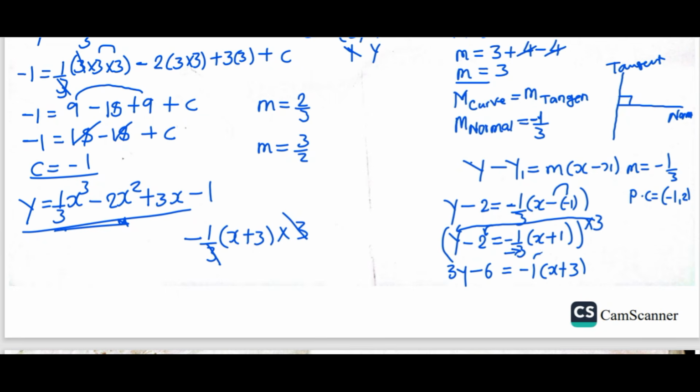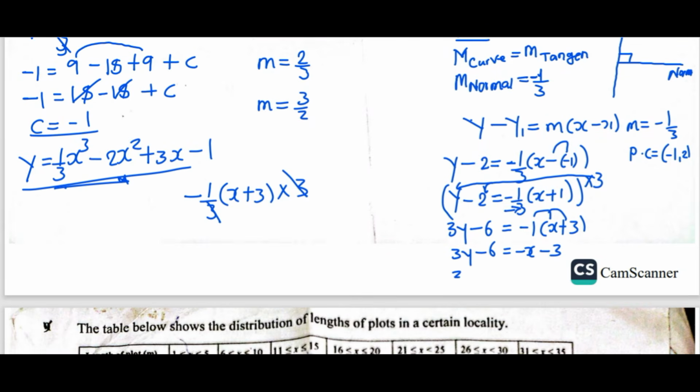So we know that it's simpler if we don't have the fraction. So 3y minus 6 is equal to negative 1 times x, which gives us negative x. Negative 1 times positive 3 gives us negative 3. Then for 3y, if we shift negative 6 to the other side, we get negative x minus 3 plus 6, which is 3y is equal to negative x plus 3.